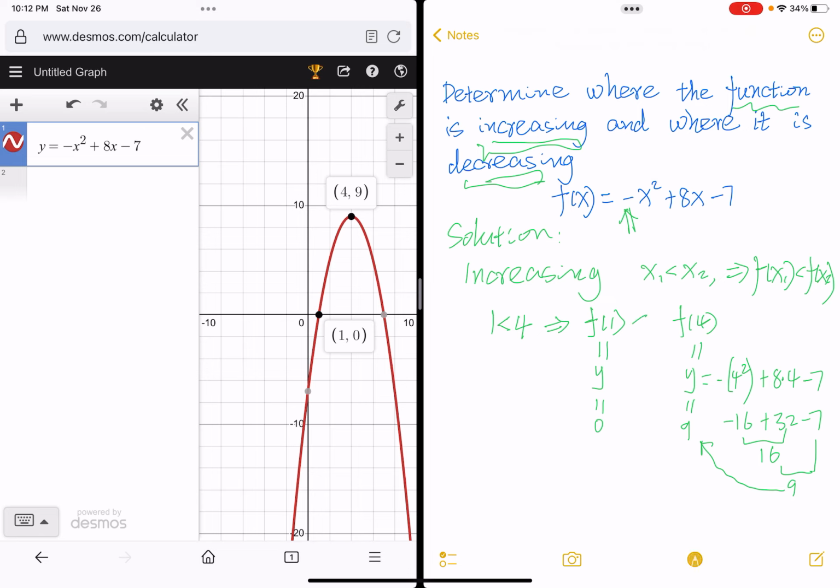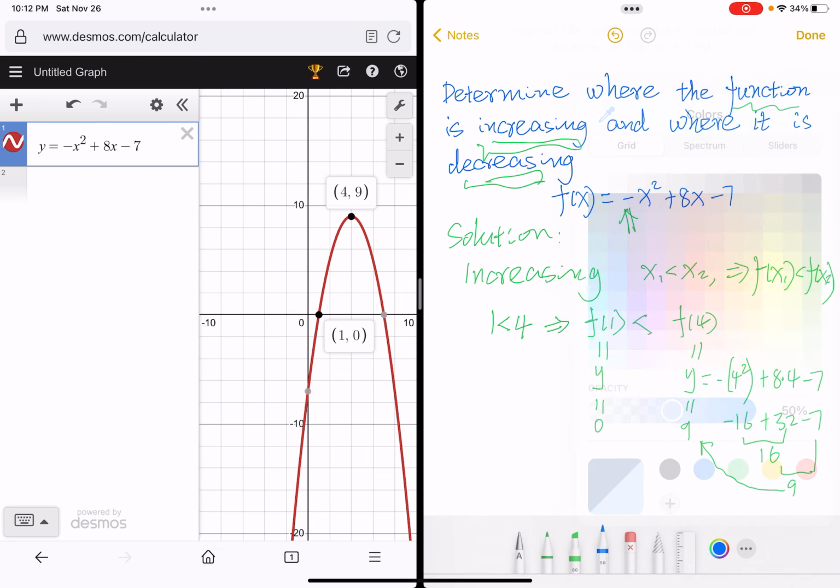So you have x is 1, which is less than 4. Then you have y value 0 is less than 9. So this tells us what? That's the example. So when x gets bigger from the left to the right, from negative infinity, you have y getting higher and higher.